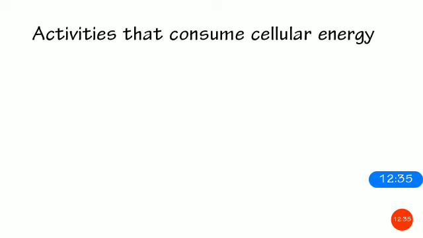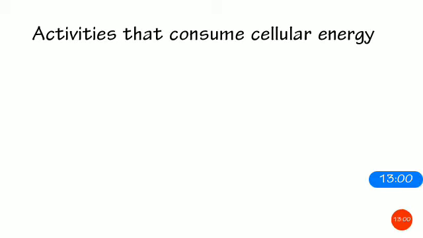Now, next is activities that consume cellular energy, and it is a very important topic. Please pay attention over here. See, as we do all the activities, from where are we getting energy? For example, if there is any physical movement, obviously we are going to need some energy. So every cell in your body requires some energy.